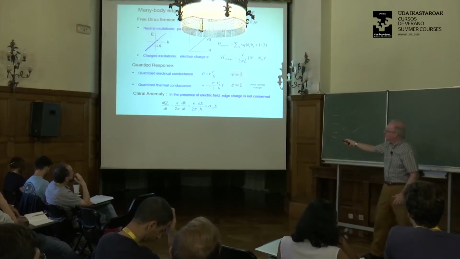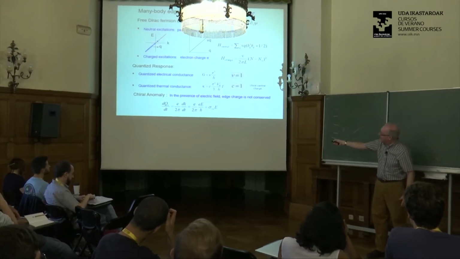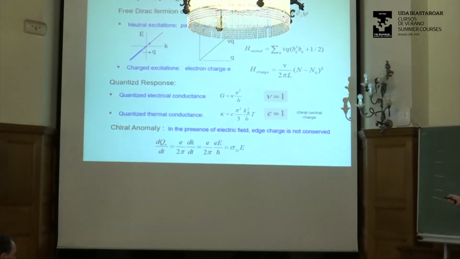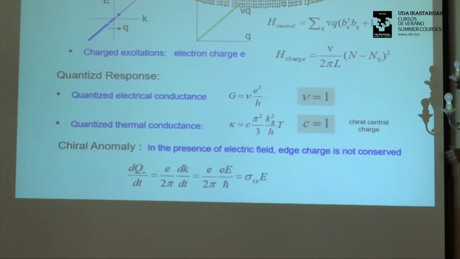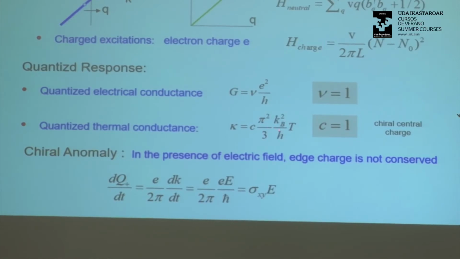So in either event, what you get is a quantized thermal conductance, so the heat flow is proportional to T times Boltzmann's constant squared over h bar, with this pi squared over 3 that comes in when you do the integral, times this number c, which for free fermions is equal to 1. And this has a fancy name.